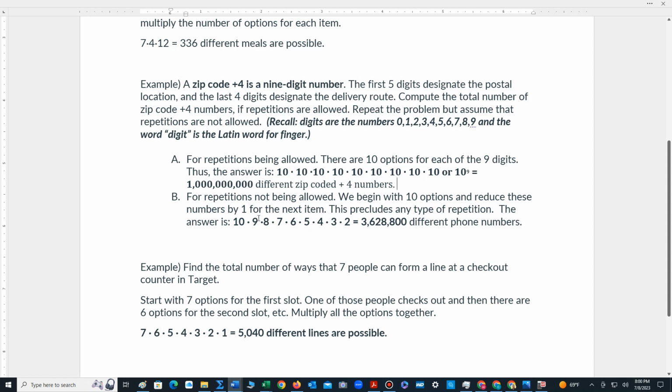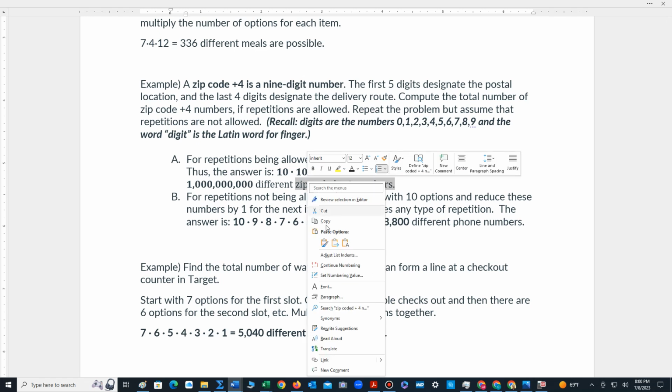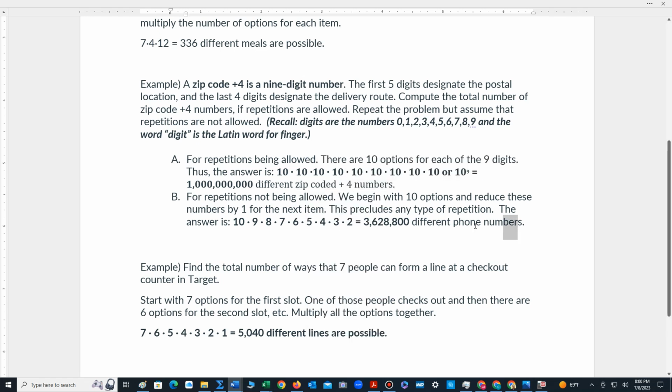And then you remove another digit, so now you only have 8 options. And then 7, 6, 5, 4, 3, 2. This is because we cannot repeat digits. And when you multiply all these options out, we end up with 3,628,800 different zip code plus 4 numbers.